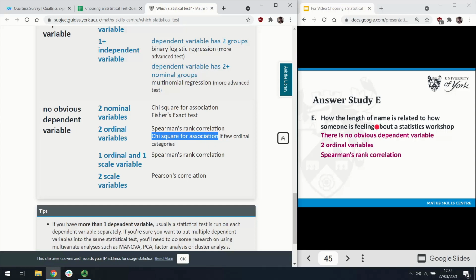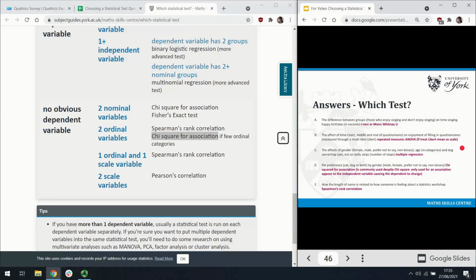Or maybe everyone was really, really happy about attending a stats workshop, so we only had 4s and 5s in our data. In that case, you're better doing a chi-squared for association. Spearman's rank correlation doesn't really work. There's a summary of which test you would use for which, if you wanted to have a little look at that.